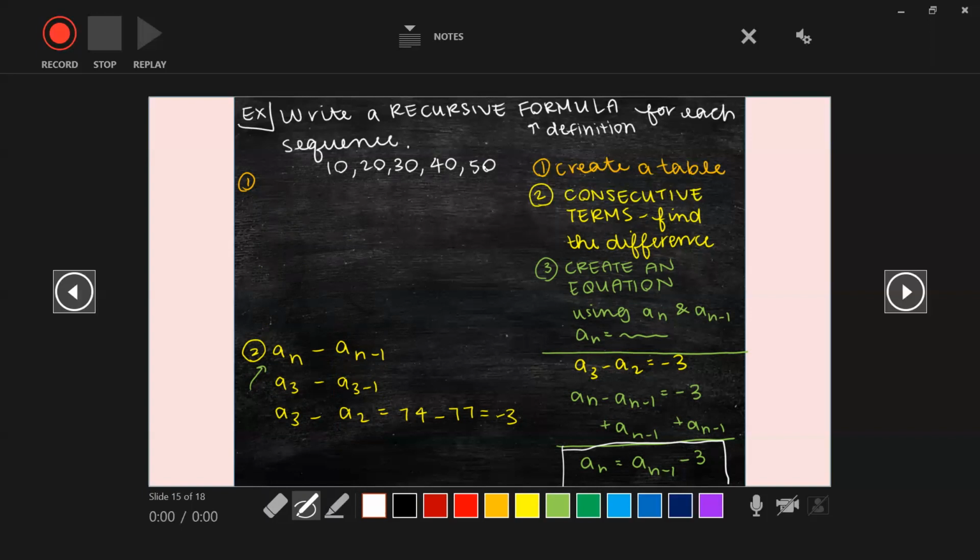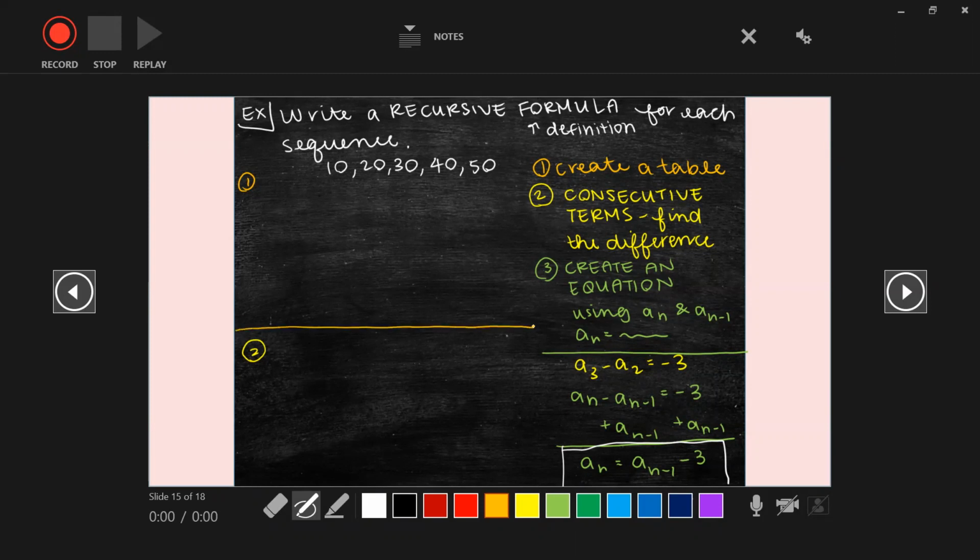So your instructions are up there: create a table, find consecutive terms, find the difference of consecutive terms, and then create an equation. And try and keep it within there.